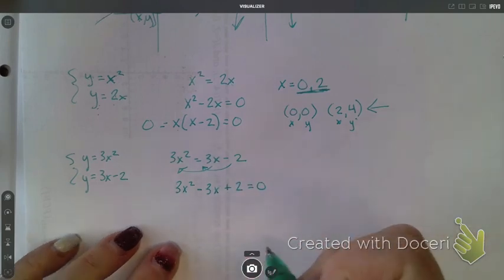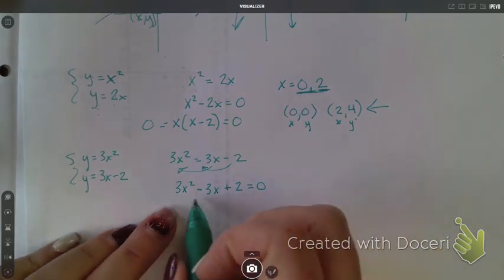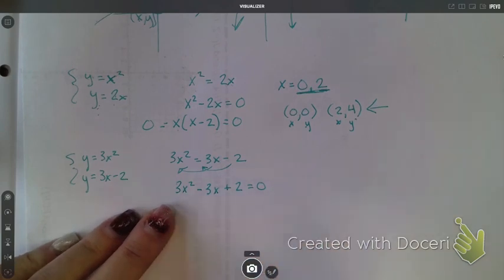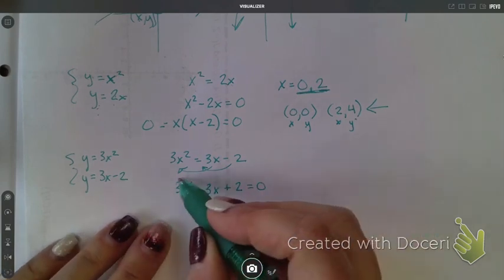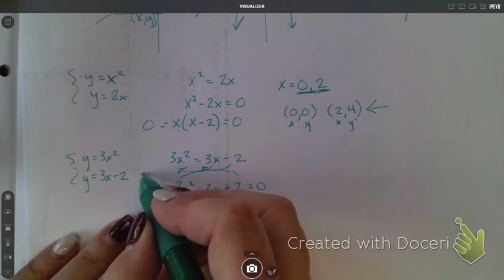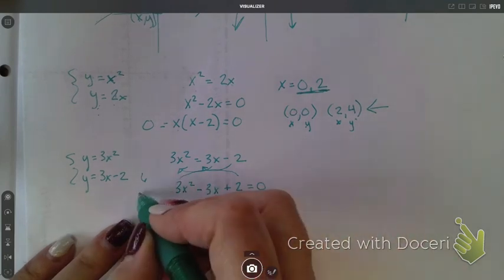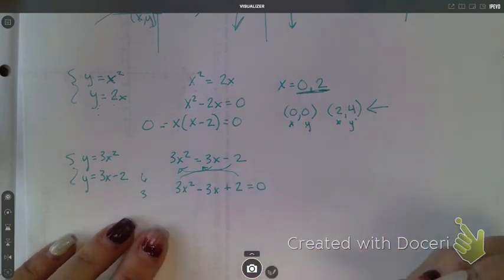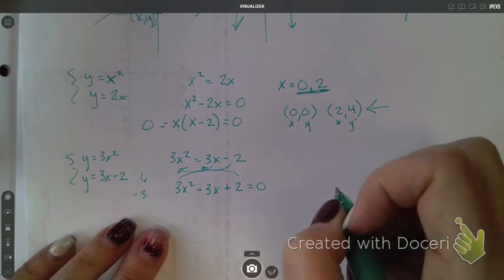Now I've got to factor, so do they have anything in common? No. So then 3 times 2 is 6. Do I have factors of 6 that add to 3? No. So I have to use the quadratic formula.